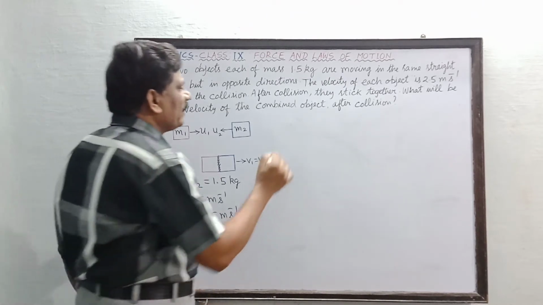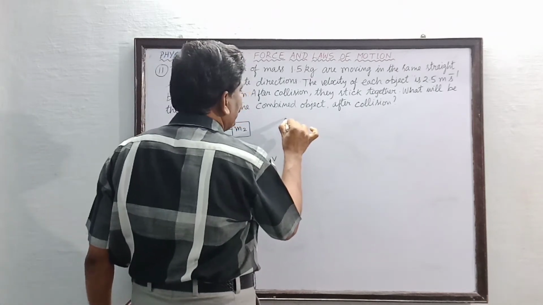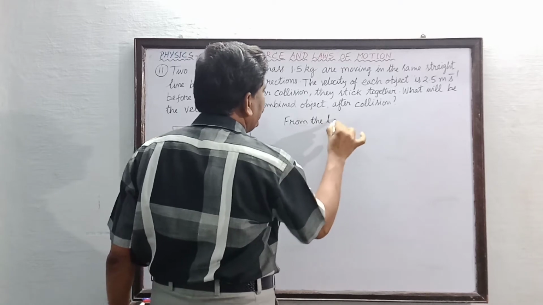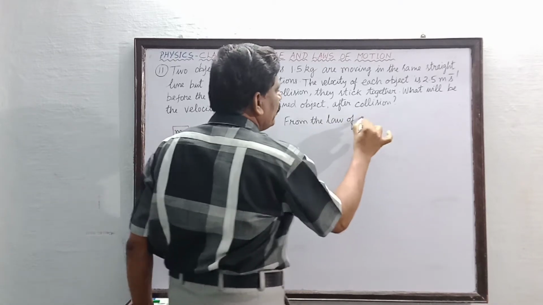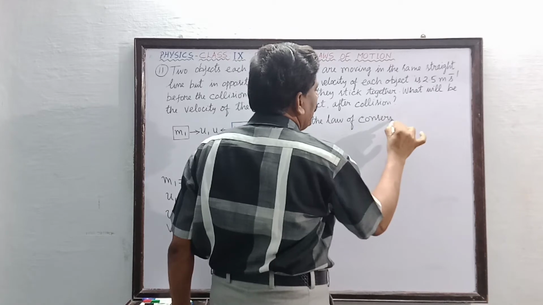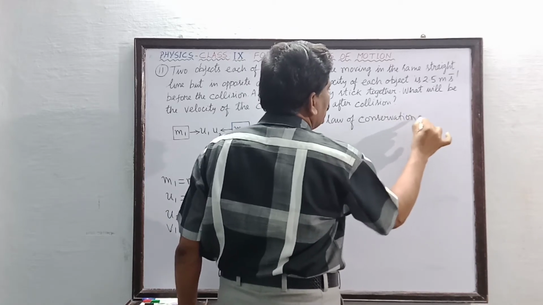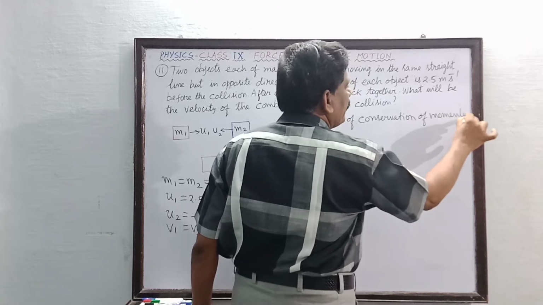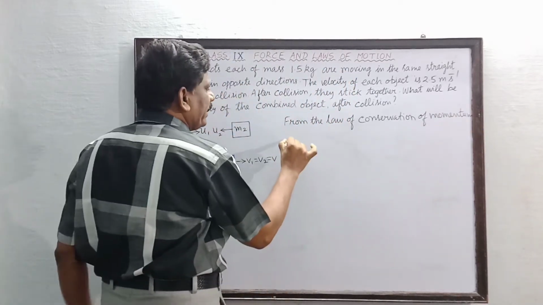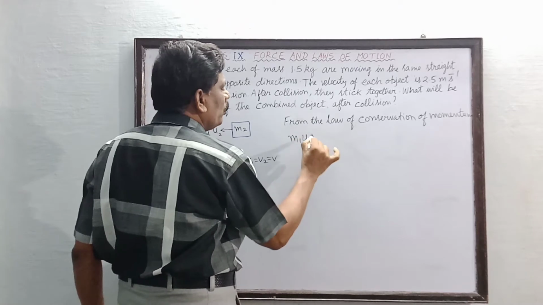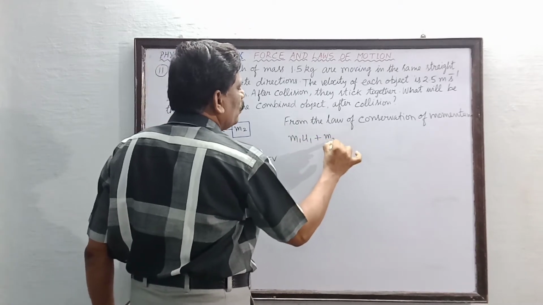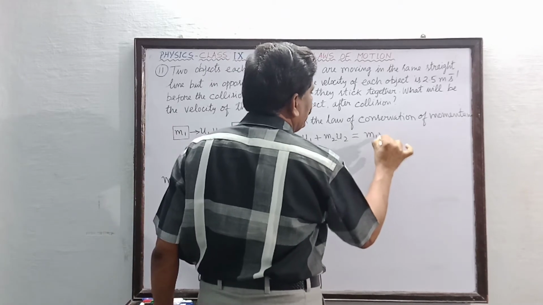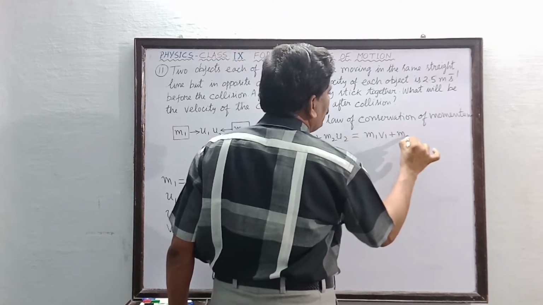Now from the law of conservation of linear momentum, the total momentum before collision is equal to the total momentum after collision. So we will write the expression m1 into u1 plus m2 into u2 is equal to m1 into v1 plus m2 into v2.